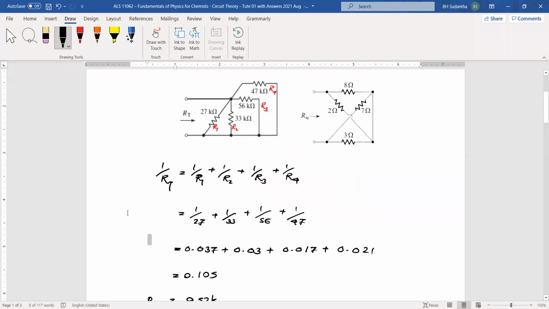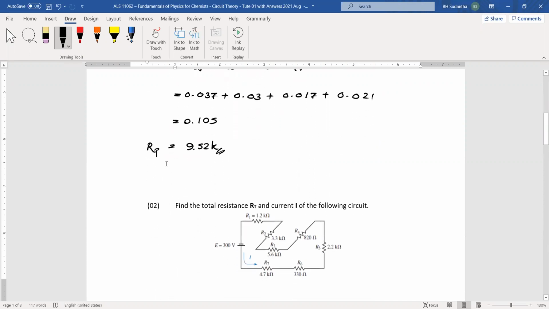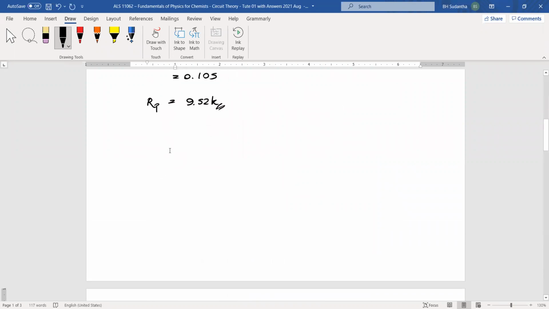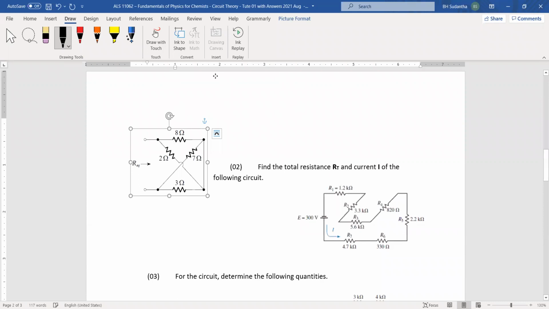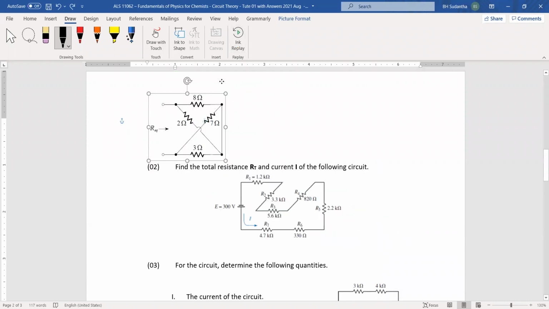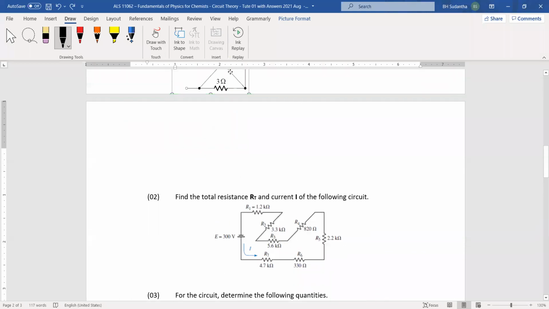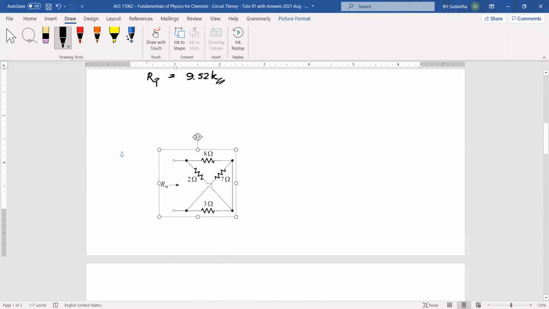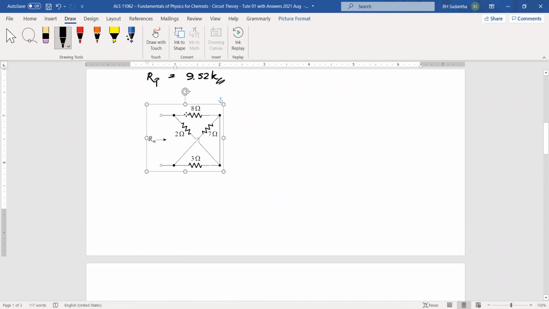Okay. This is the next one. So we can draw this diagram.